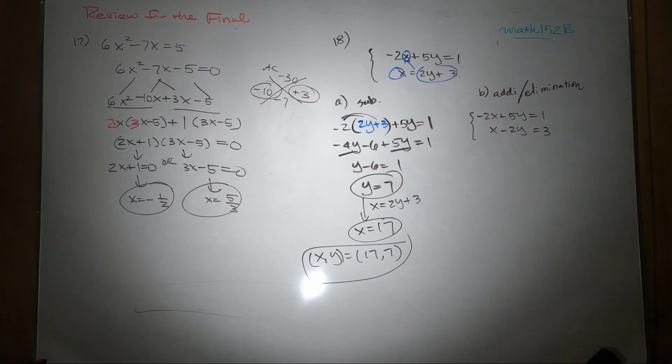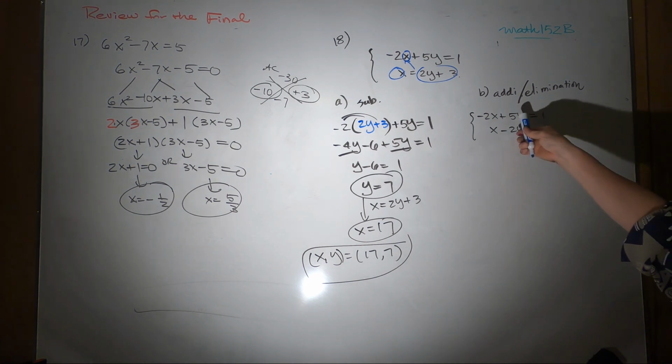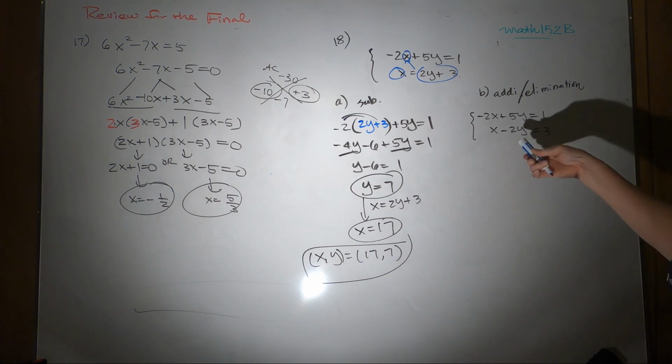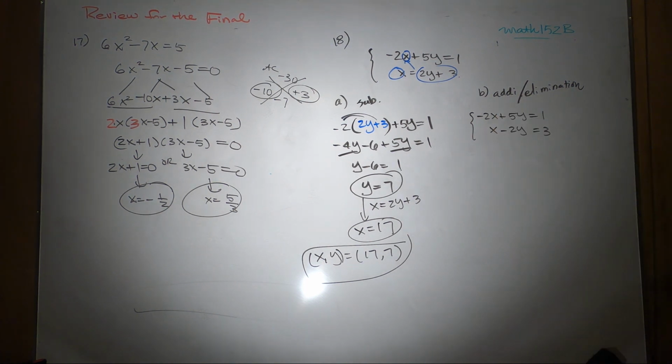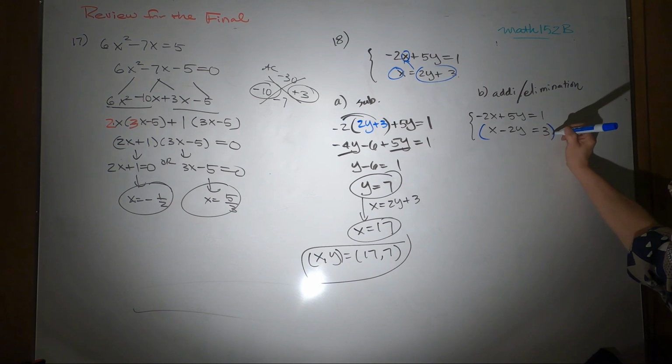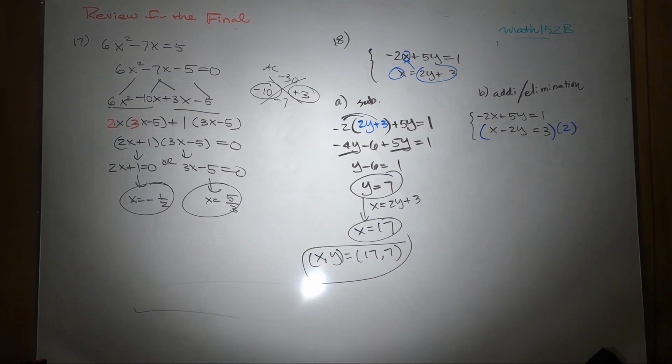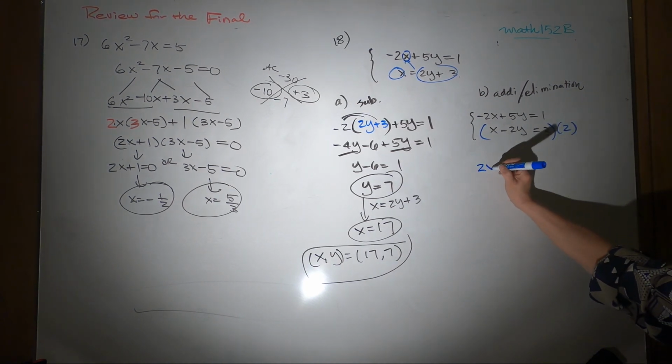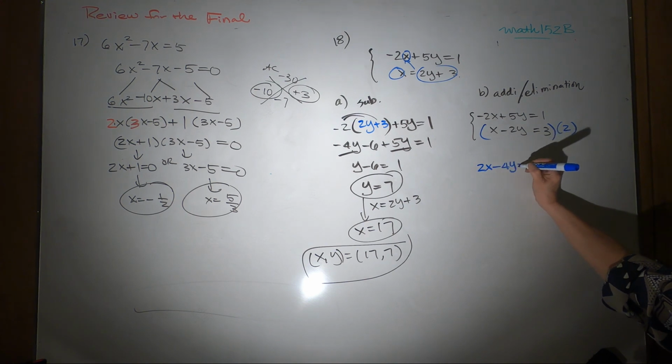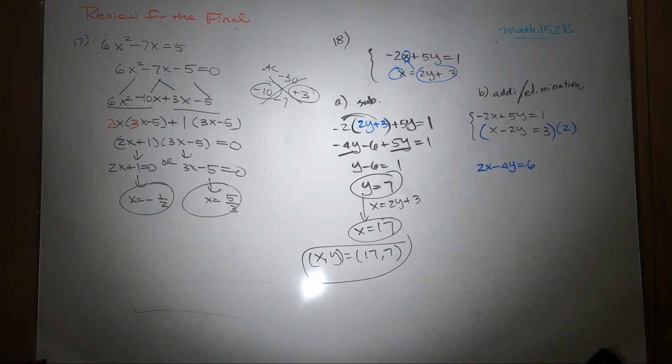Then you decide which variable you are going to eliminate first. If you eliminate y, you need 10, but eliminating x seems easier. All you have to do is multiply by 2. So that would be 2x minus 4y equals 6, right?